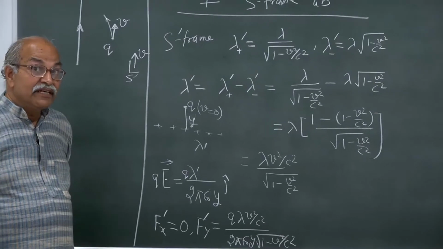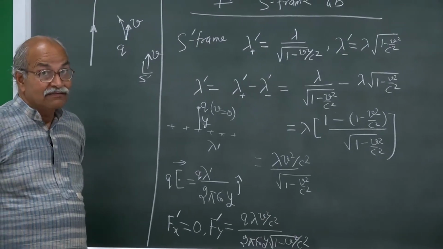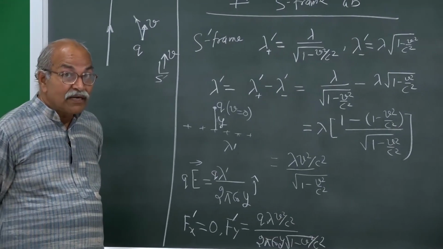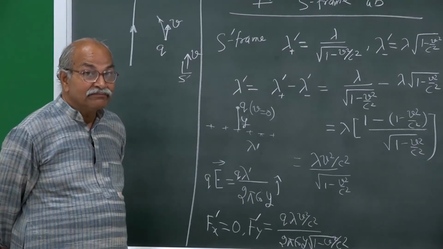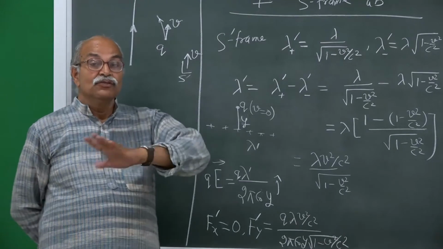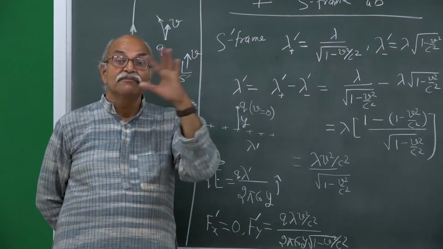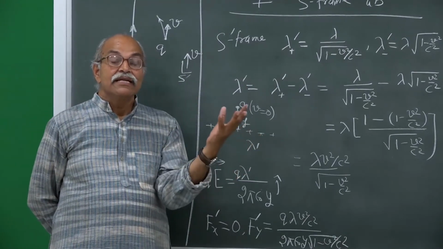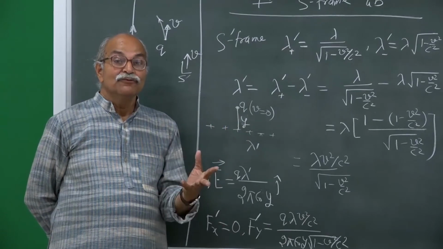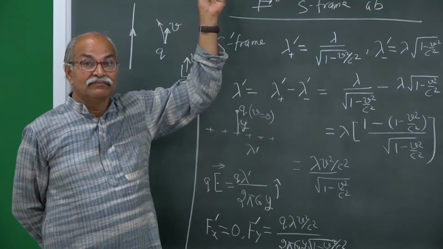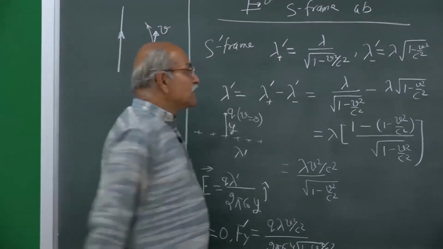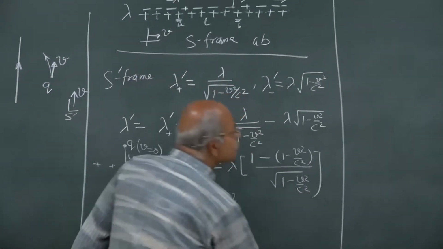Now, if there is a force on this particle q in S prime frame, I can make use of the force transformation equation and obtain the force on this particle in S frame. You remember the force transformation equation?